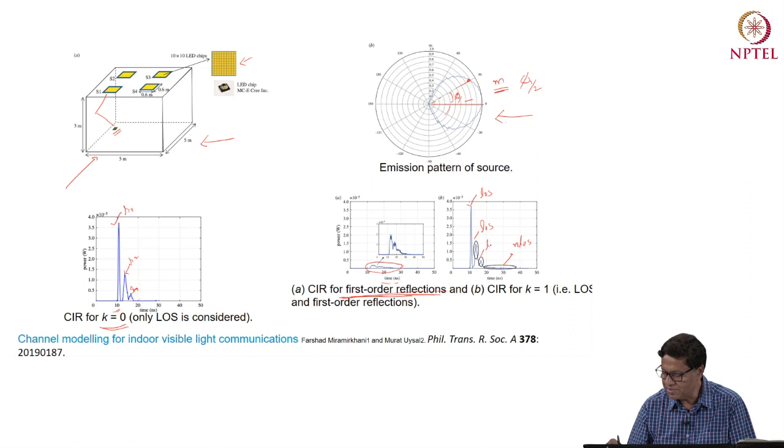For example, this was 1, this was 2, this was 3, and then maybe nothing from the 4. So from this trace, once you know the channel impulse response, you know what the bandwidth of the channel is.